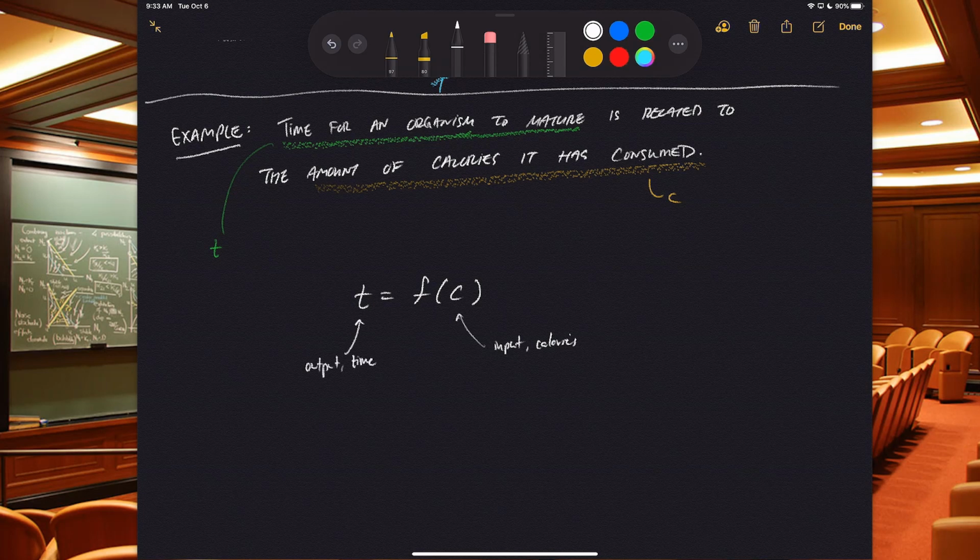time to mature. So we would say that the time for an organism to mature is a function of the number of calories it's consumed.